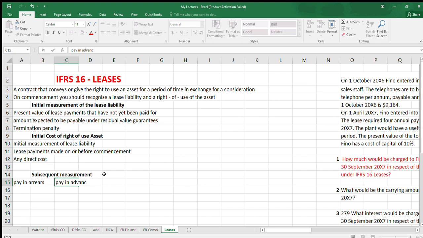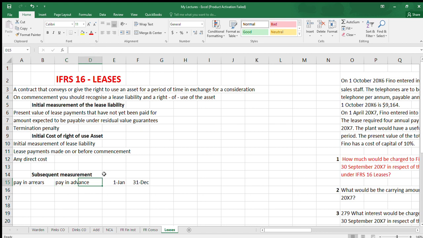Advance. So in the question they will tell you that beginning of the year or commencement of the lease agreement was 1st January and the year end is 31st December. So in the question they may tell you that payment is made in arrears or payment is made in advance. Are you getting me?